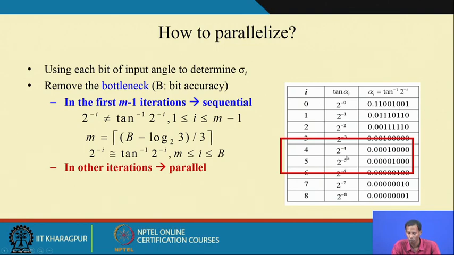Whenever we consider 2 to the power -3, 2 to the power -4, 2 to the power -5, 2 to the power -6, mostly only 1 or 2 positions are 1 and the rest of the positions are filled with 0. We have to consider this in binary. To represent the values for tan inverse of 45 degrees, which is in radians, those values can be represented in terms of this.